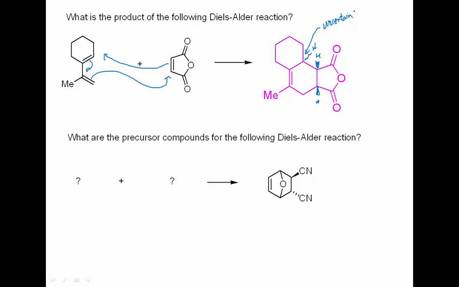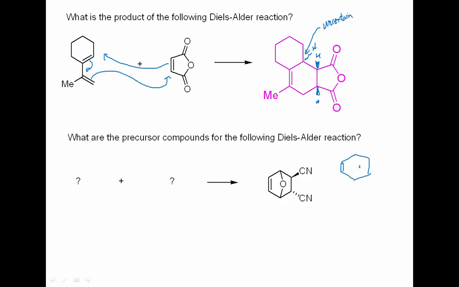All right, so what are the precursor compounds for this product in the Diels-Alder reaction? Okay? What you want to think about here is remember that the Diels-Alder makes a cyclohexene, so we have to identify the cyclohexene part of this reaction, right?